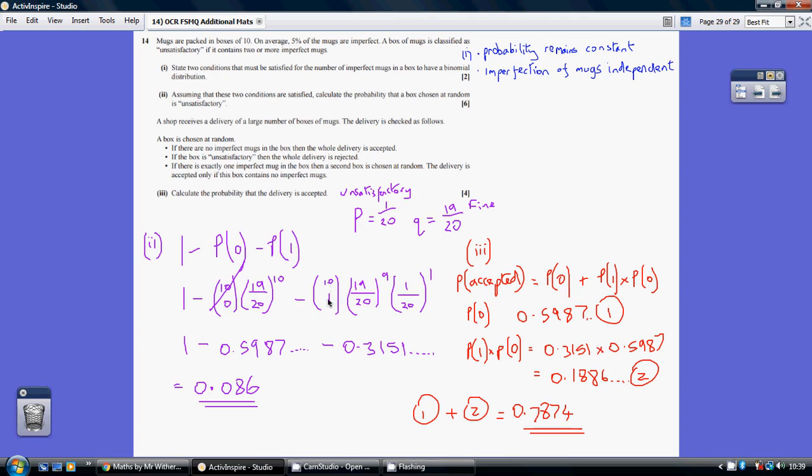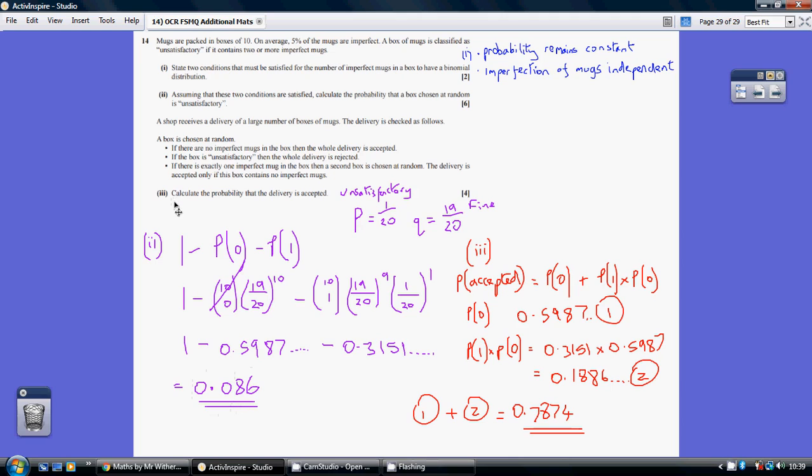So that's 10 choose 1, which is 10, times 19 over 20 on 9 occasions. So 9 perfect mugs, and 1 over 20 faulty mug to the power of 1. So popping that into a calculator, we get an answer of 0.086.